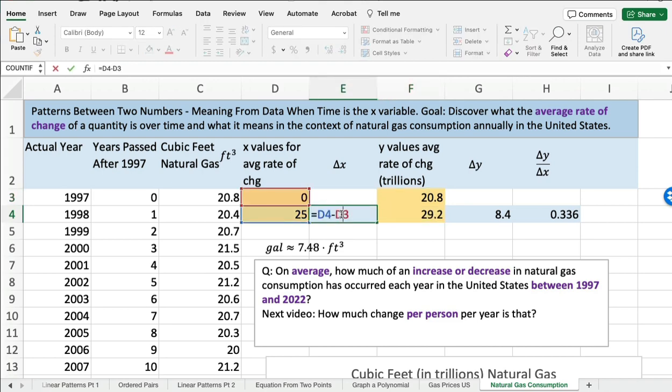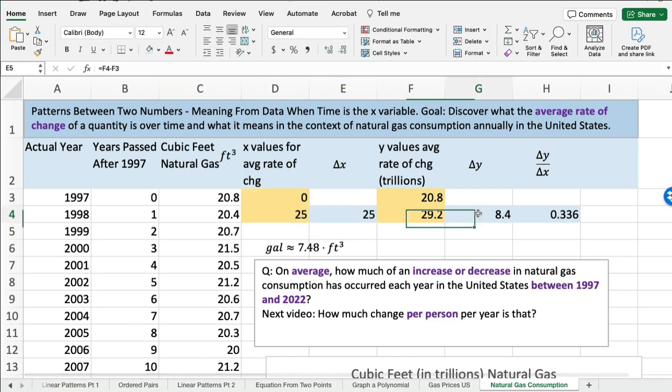And now we need to be careful how we do our calculations. Again, it needs to be in the correct order. Our delta x is equals D4 minus D3. So the larger x minus the smaller x, or the one that's current minus the one that's in the past. So D4 minus D3.